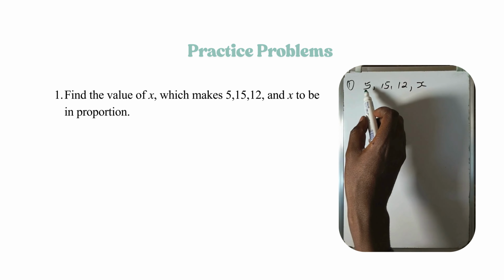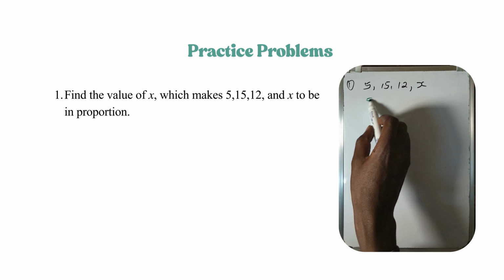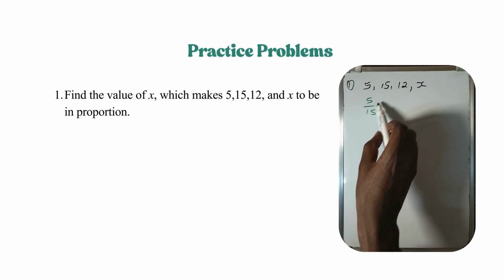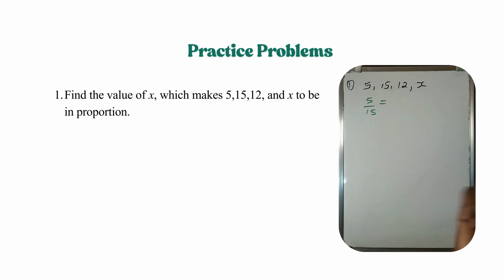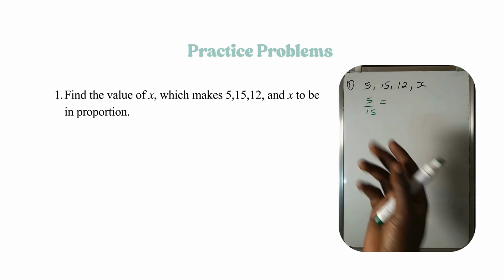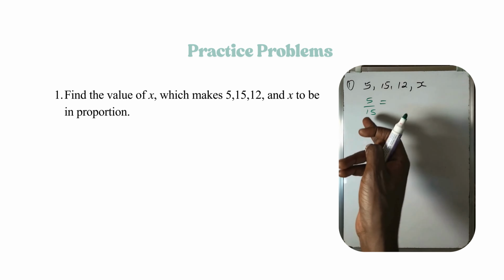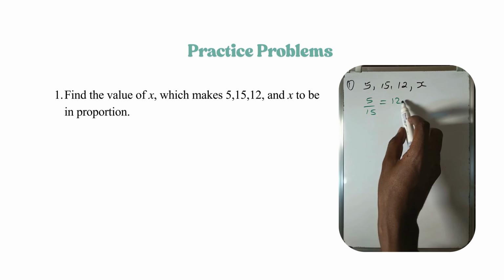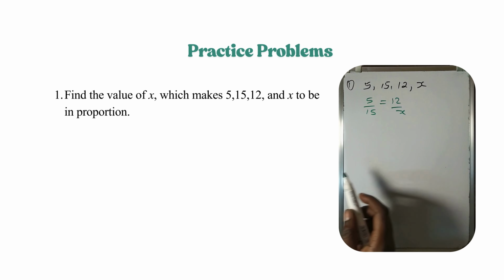If I divide 5 by 15, to be in proportion means that the two ratios should be equal. So 5 divided by 15 should be equal to 12 divided by x.